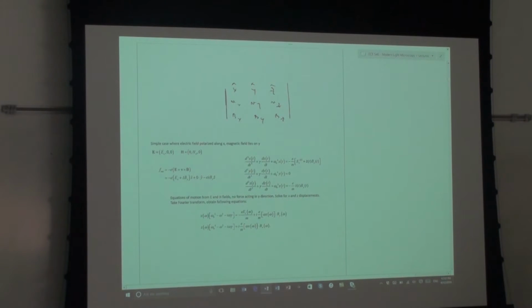Okay? So we said I'm going to have an electric field on X, and I'm going to have a magnetic field on Y. So basically, this is 0, this is 0. So when you do the determinant, it's going to be this term that matters.